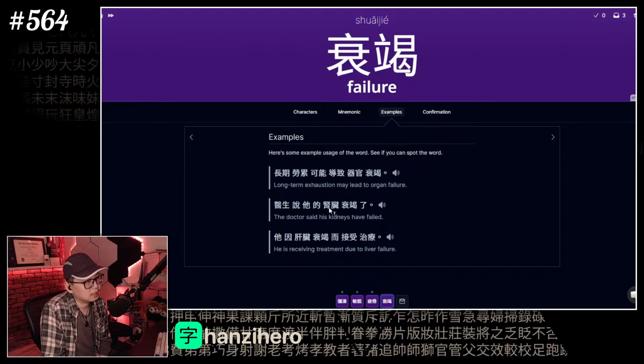Yeah, I think it's 肾脏衰竭了, 肾脏, the kidney. 他因什么, 他因... oh no, it's another organ. 他因, that's a liver, right? 肝, 他因肝脏衰竭.